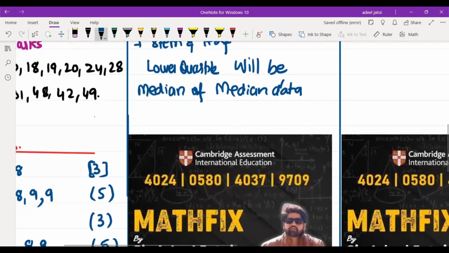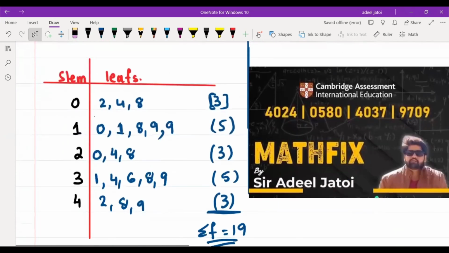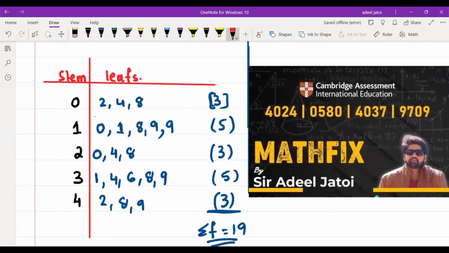We already calculated the median as 24. Before 24, how many numbers are there? 1, 2, 3, 4, 5, 6, 7, 8, 9. We have 9 numbers before your median. So your lower quartile will be taken from these numbers.